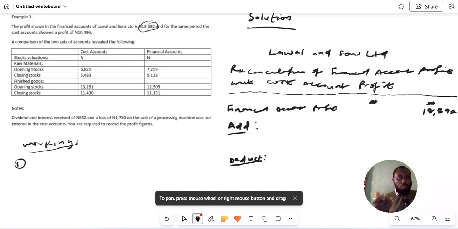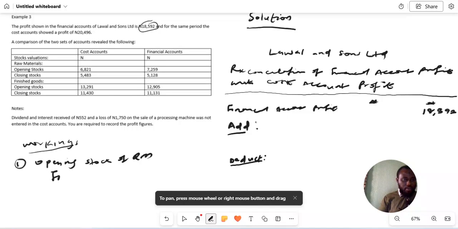Before we can sell that material, we first have to convert it to a finished product before we can make a sale on it. Therefore, it becomes a finished product as part of our stock. So in this case, we have the opening stock of RM.